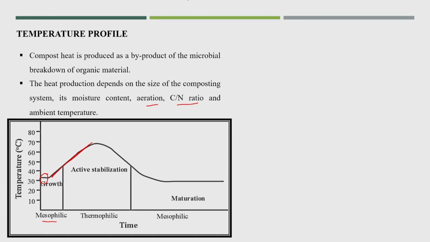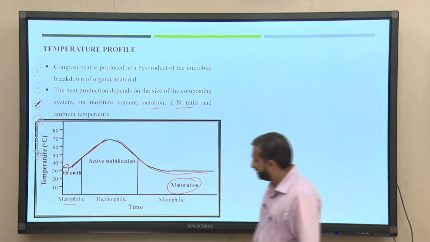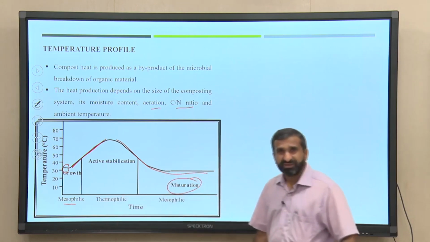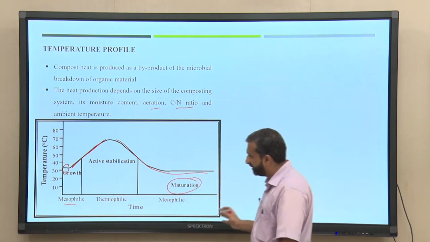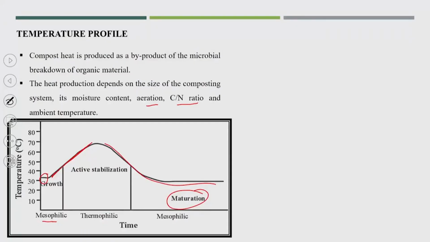Once the easily degradable organic materials, mostly sugars, get degraded, the temperature will finally reduce, and it comes to the maturation process, that is the curing process, which I showed in the last slide. That is why this entire system can be divided into three parts: first the mesophilic temperature, then thermophilic temperature, and finally again mesophilic temperature.